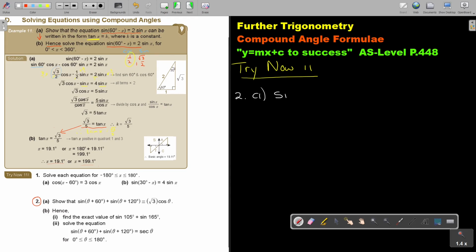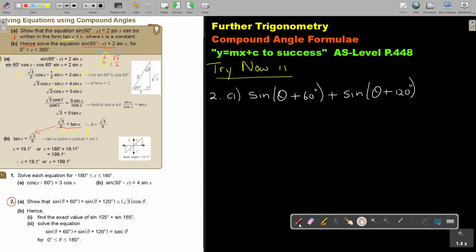That sin of theta plus 60 degrees plus sin of theta plus 120 degrees, and that's the proof, the identity, will be square root 3 cos theta.